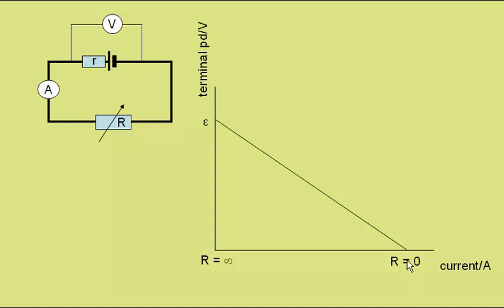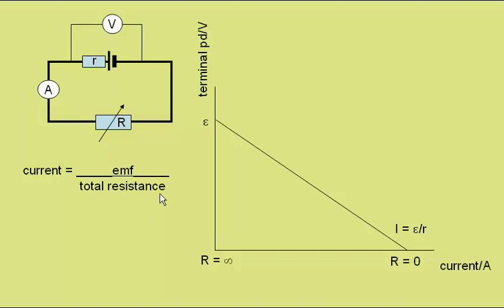So at this point here, with zero load resistance, we can find that the current is equal to the EMF over the internal resistance. We know that for a supply, current is equal to potential difference divided by resistance, or more strictly speaking, it is equal to the electromotive force of the supply divided by the total resistance.